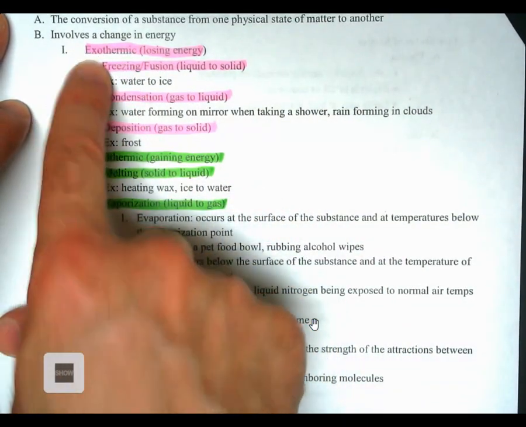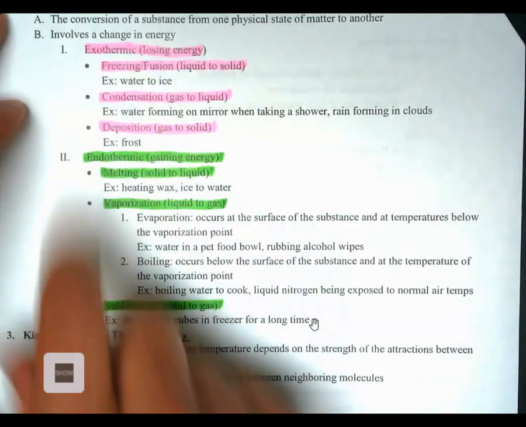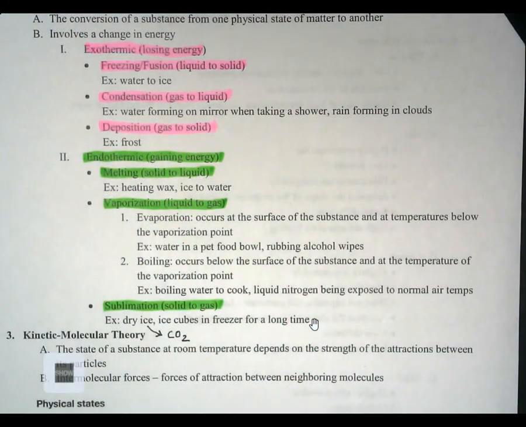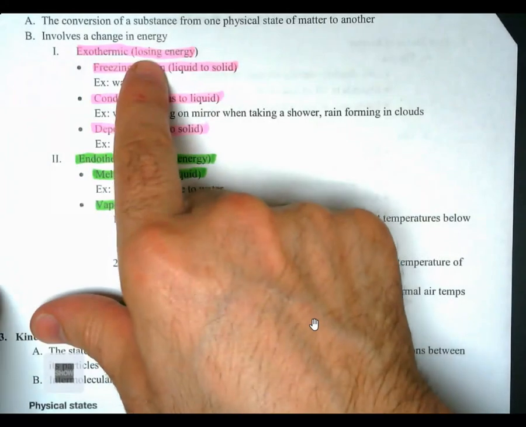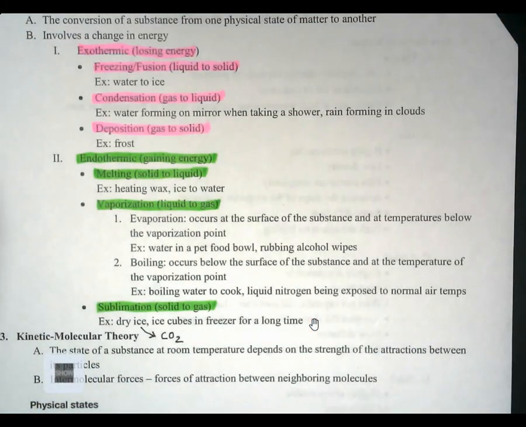You've got exothermic and endothermic. Here's how I remember them, and hopefully this will help you. Exo is like exit. So if something is exothermic, energy is leaving the substance, exiting.